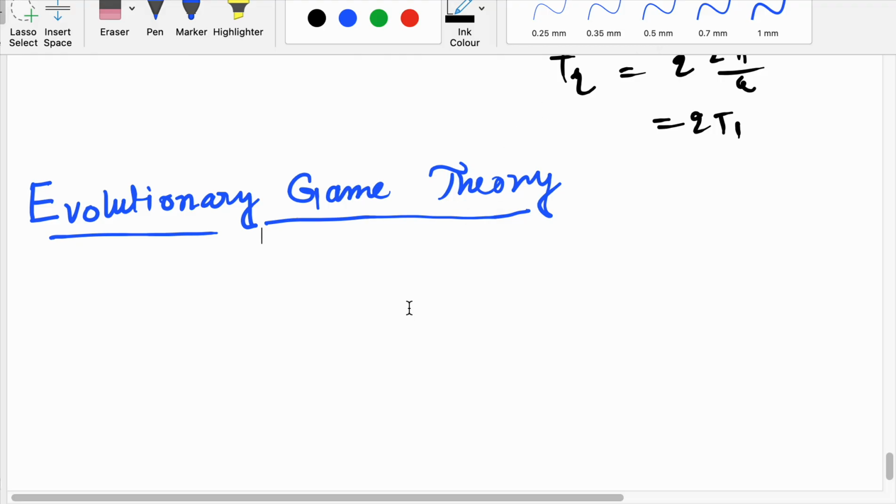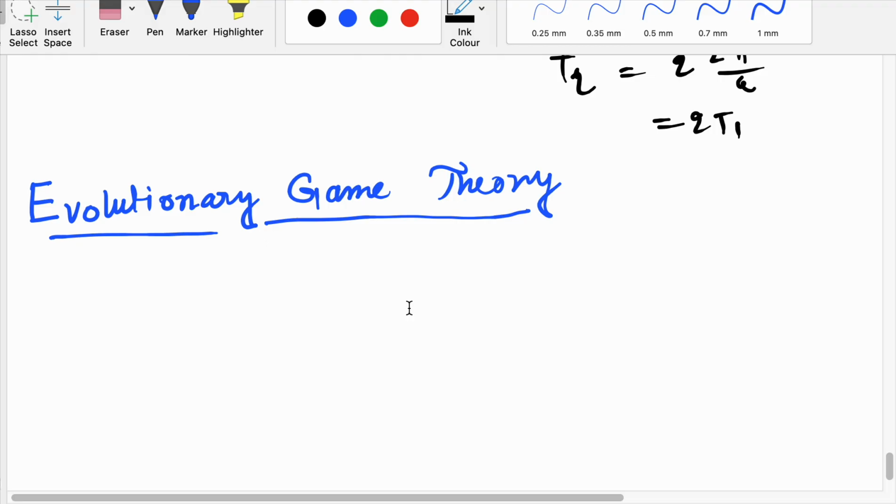In the first two lectures we learned what evolution means. Now, what is the difference between the evolution we saw in the previous lectures and evolutionary game theory? It is only one thing.